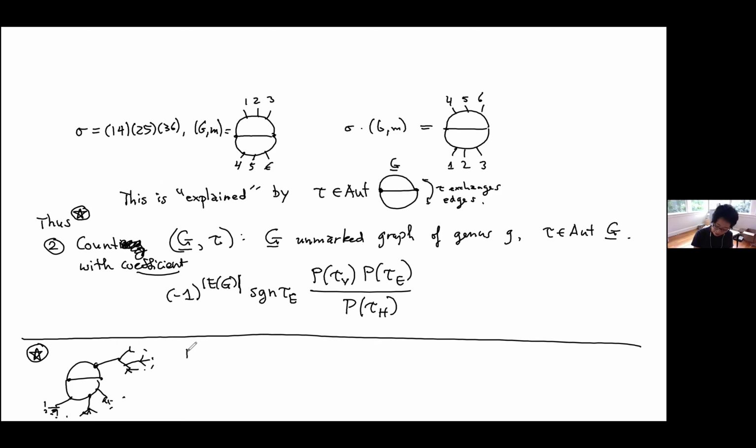And a theorem of myself with Galatius and Payne says that the locus, I'll call it Delta_{g,n}^rep, of tropical curves with repeated markings, meaning non-injective marking function.